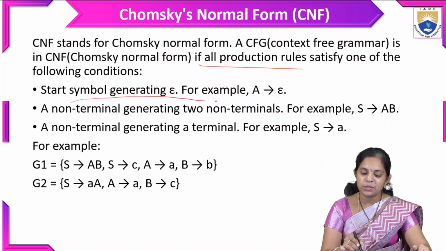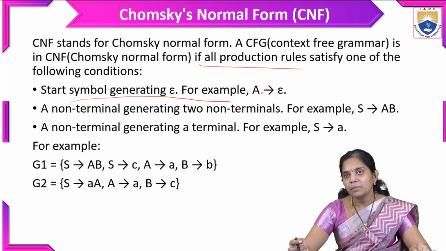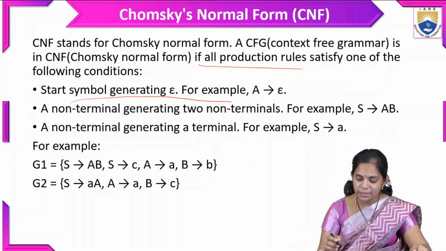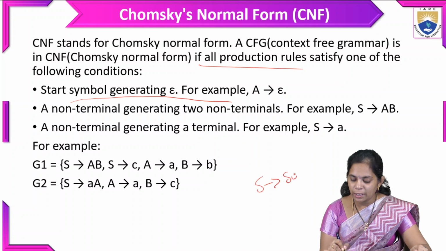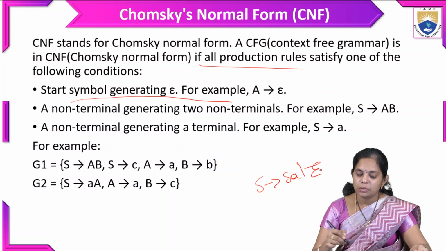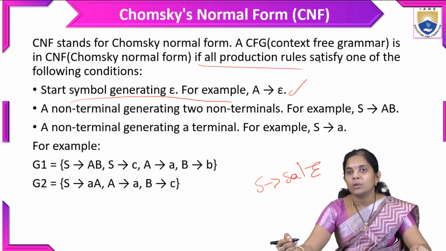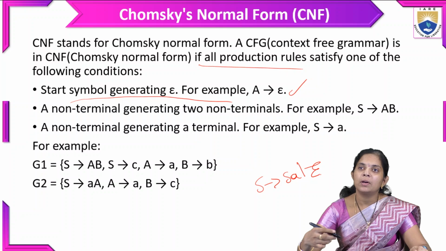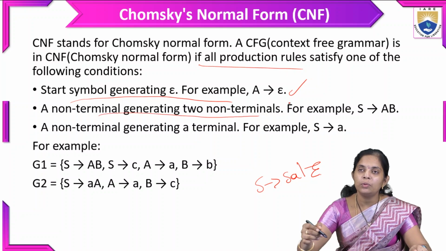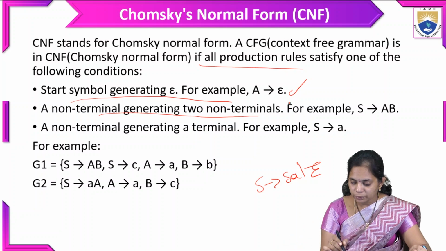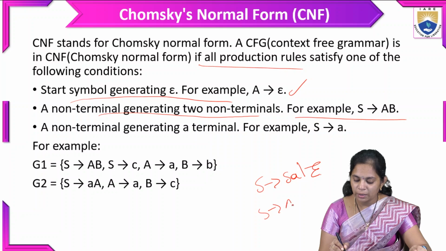The start symbol generating epsilon. So for example, S tends to epsilon, or A tends to epsilon. And a non-terminal generating two non-terminals, for example, A tends to AB.